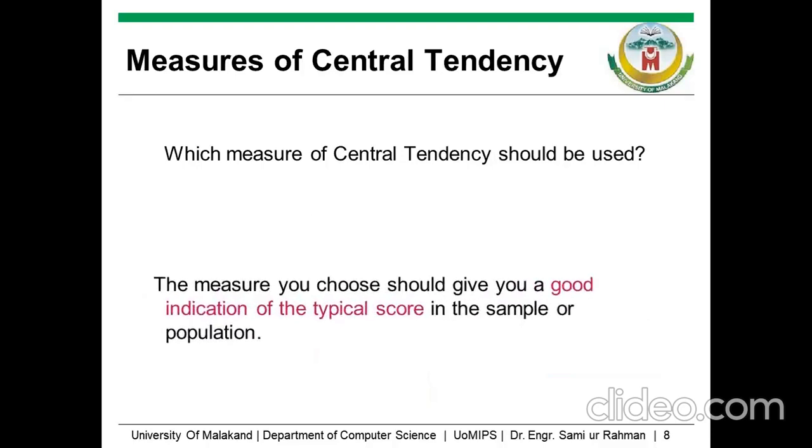Okay, so now, which measure of central tendency should be used? The measure you choose should give you a good indication of the typical score in the sample or population.